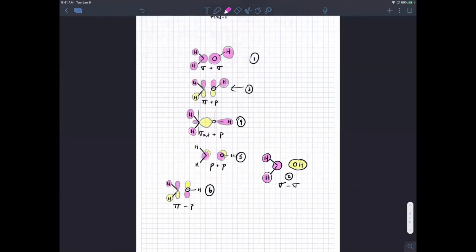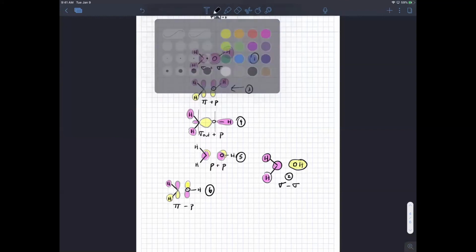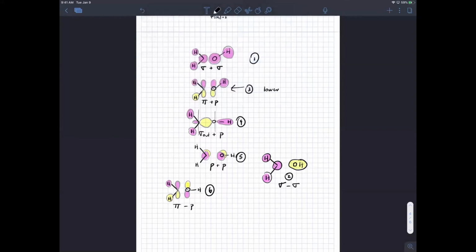So that's probably lower in energy. Similarly here, that might decrease the extent of overlap between the lobe on oxygen versus the one on hydrogen. So maybe that gets a little higher in energy.